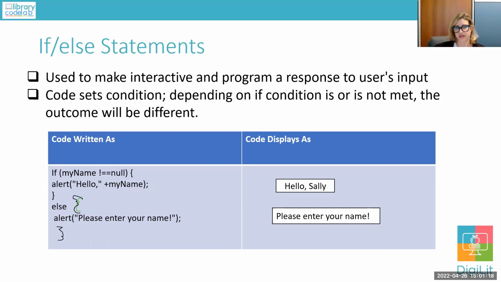But if this condition is met, we want this to happen. Is that a little more helpful? Yes. Okay, I'll see if I can find a better way of describing it.